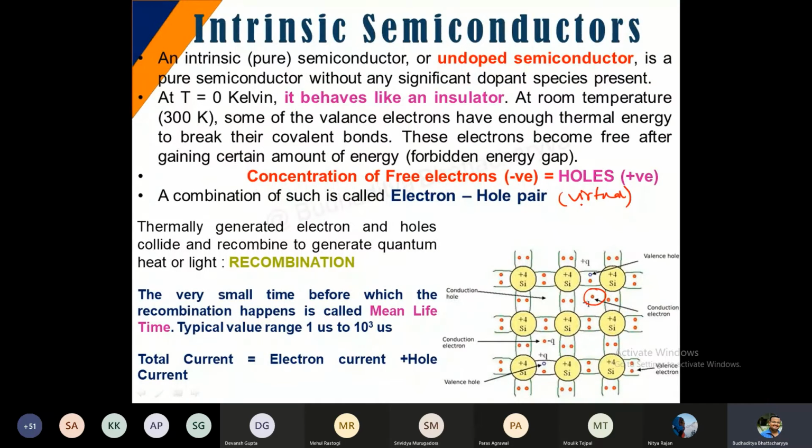Ideally, the number of electrons and the number of holes should be equal, because then electrical neutrality is maintained. That's why whenever we have a free electron, there is always a free hole also. That is where the term electron-hole pair comes in.